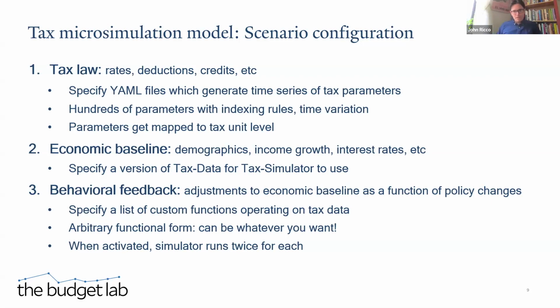And then the final piece is behavioral feedback, which I think is another interesting piece that we've built in architecturally. It is distinguished from the economic baseline or the economic assumptions in that we're really talking about deltas from baseline in response to deltas from baseline policy. So how do the attributes of the simulated population change in response to different kinds of tax changes?